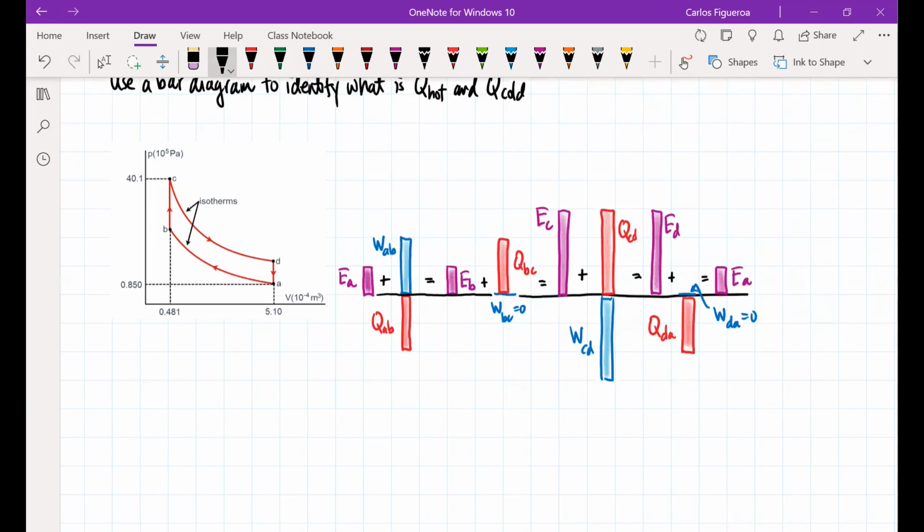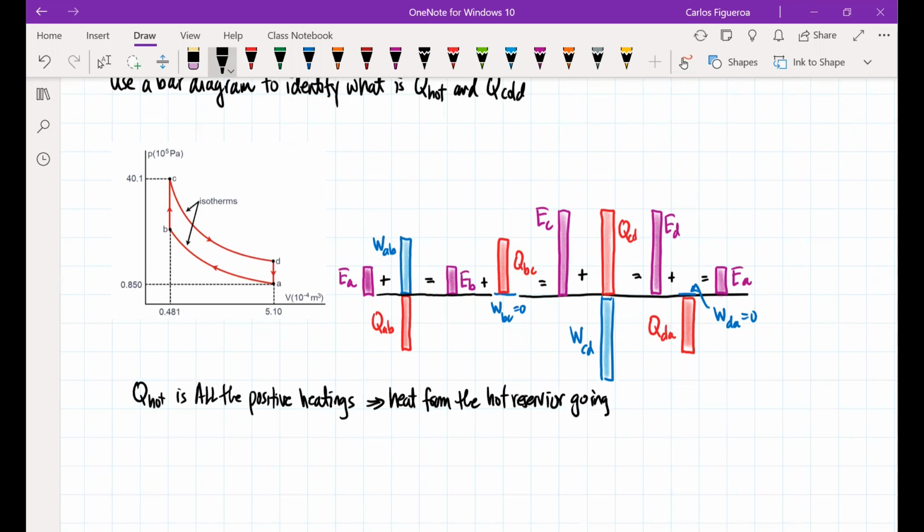So now I could identify what Q hot and Q cold are. So remember, Q hot is all the positive heatings. And that implies this is the heat from the hot reservoir going into the gas.